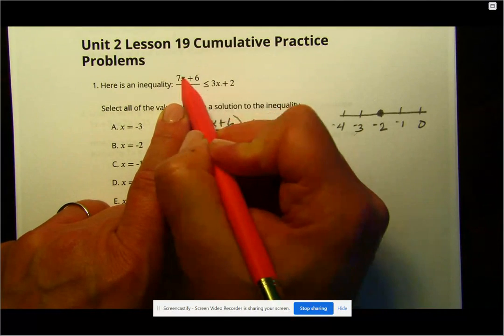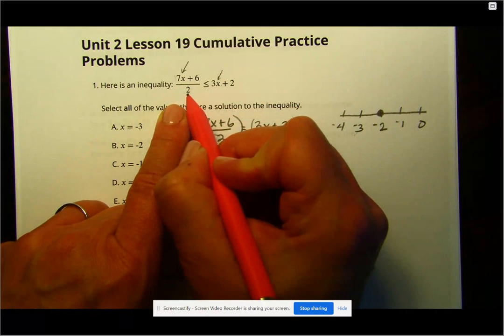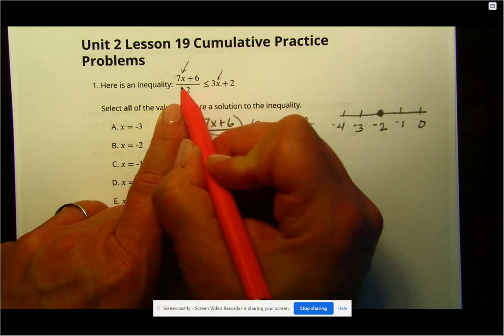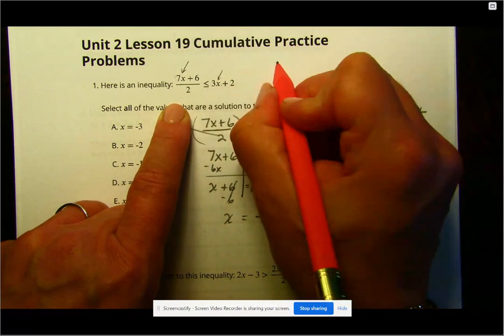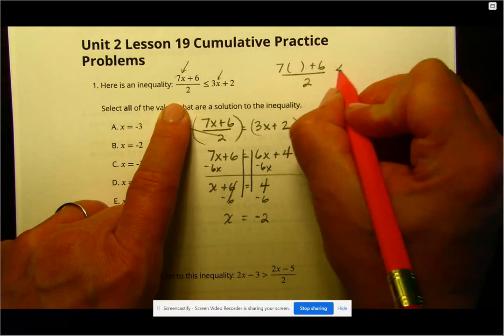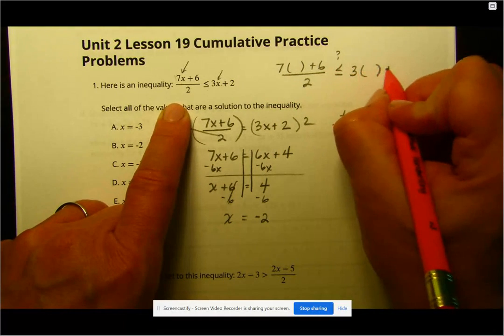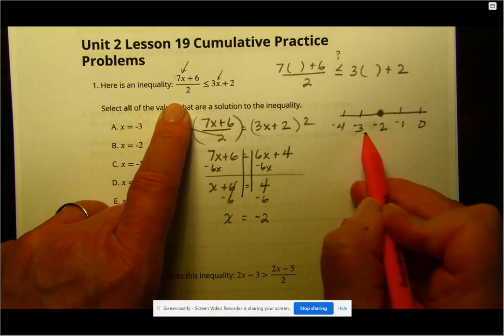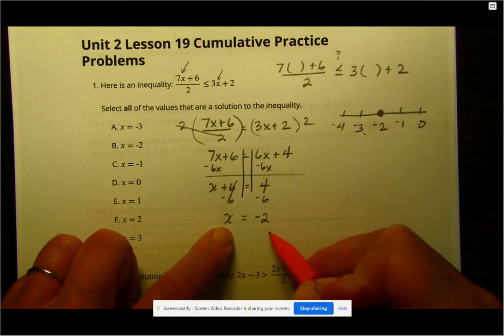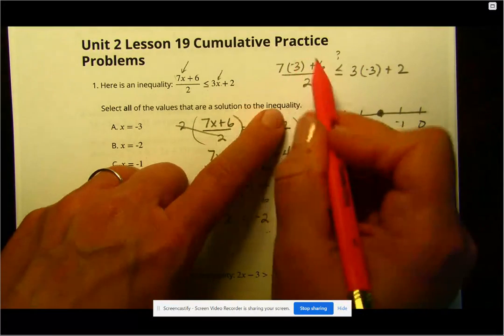Let's plug it into the inequality and see if the left side actually makes a value that's smaller than the right. We're plugging a smaller value in than what we got from the equation. You have to do a little bit of math here.